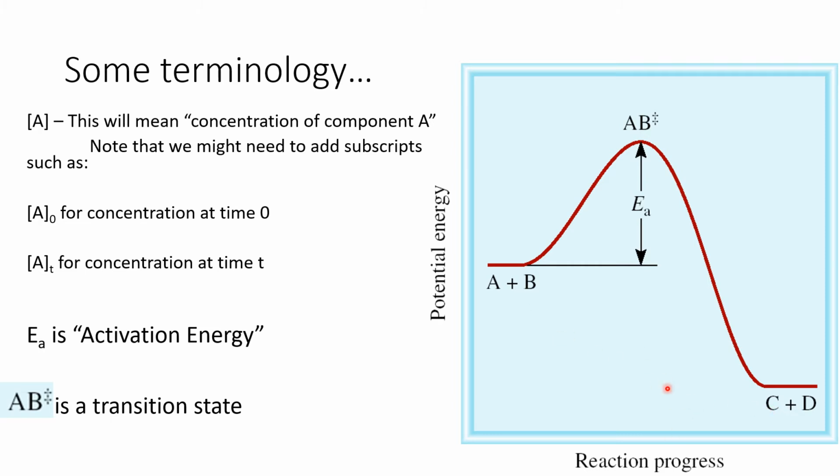And so this system shows that we have a delta H here, that our products have a lower delta H value than our reactants. So products minus reactants is going to be a negative delta H, which implies an exothermic reaction, right?